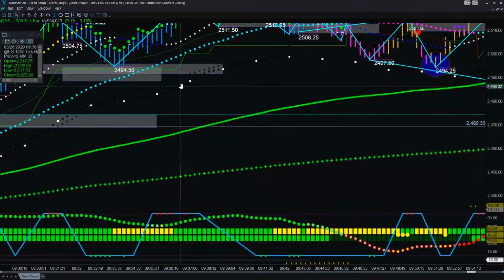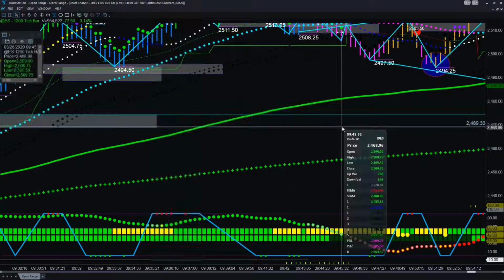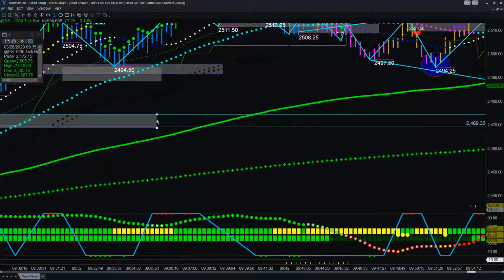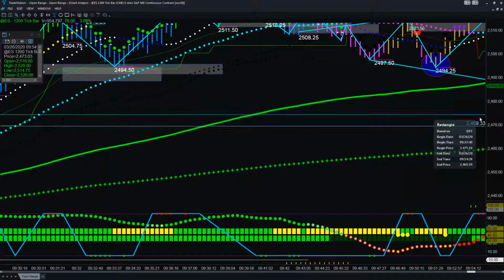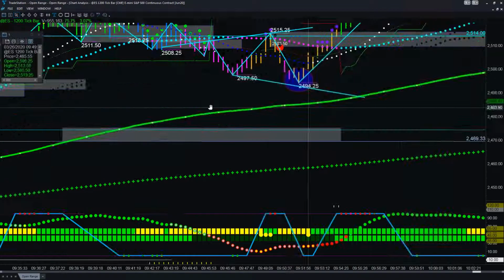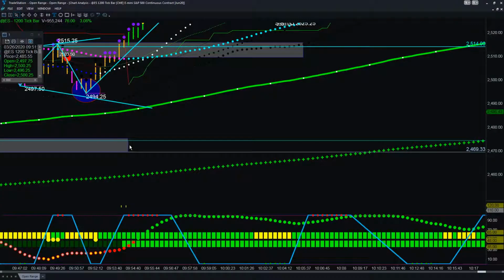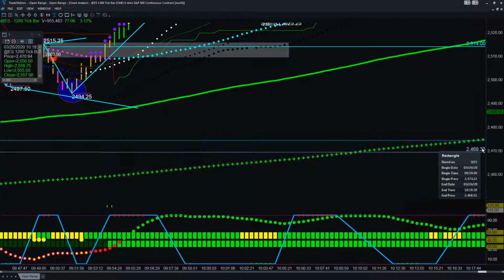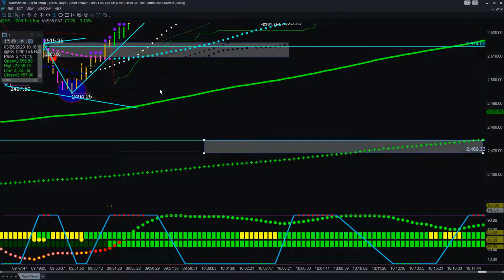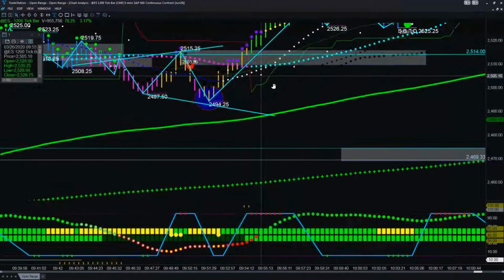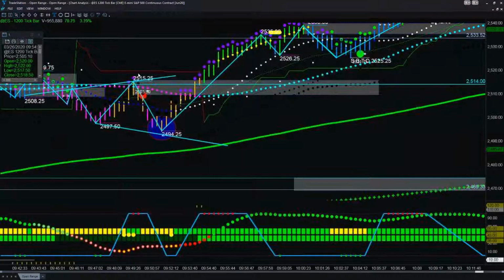All right, so remember, right here is an untested pivot from earlier. At some point, I wouldn't be surprised if they come back and test this. We also have another one here, this one here.